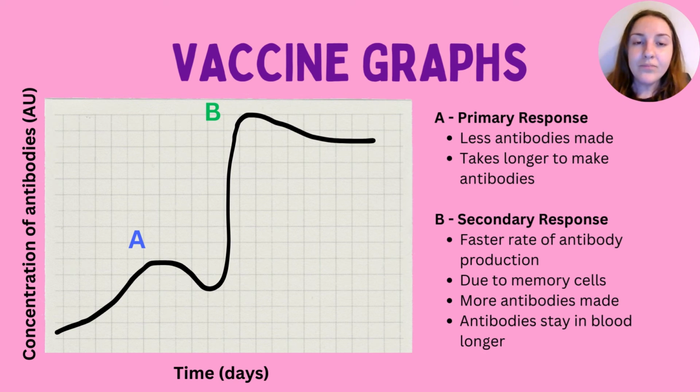So as you can see, you'd want to say in the secondary response, there is a faster rate of antibody production. This is due to memory cells. I'll talk about that in a moment. So there's more antibodies that are made that are complementary and specific to that antigen, and they stay in the body for longer. So what do I mean by memory cells?